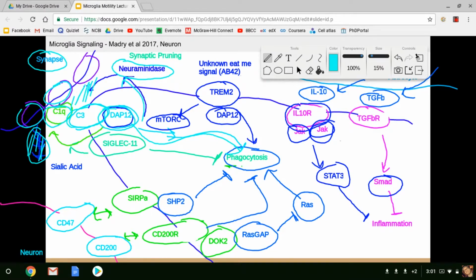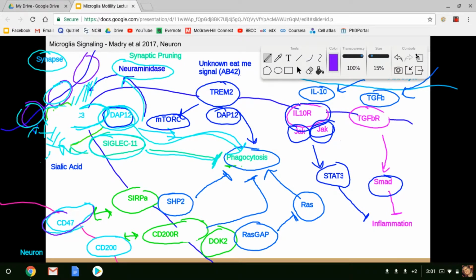On the other hand, if the sialic acids are still present on the receptors, they can bind to Siglec. Siglec-11 can bind to sialic acids, and it inhibits phagocytosis. Not sure of the pathway, but it does. Neurons express copious amounts of CD47.